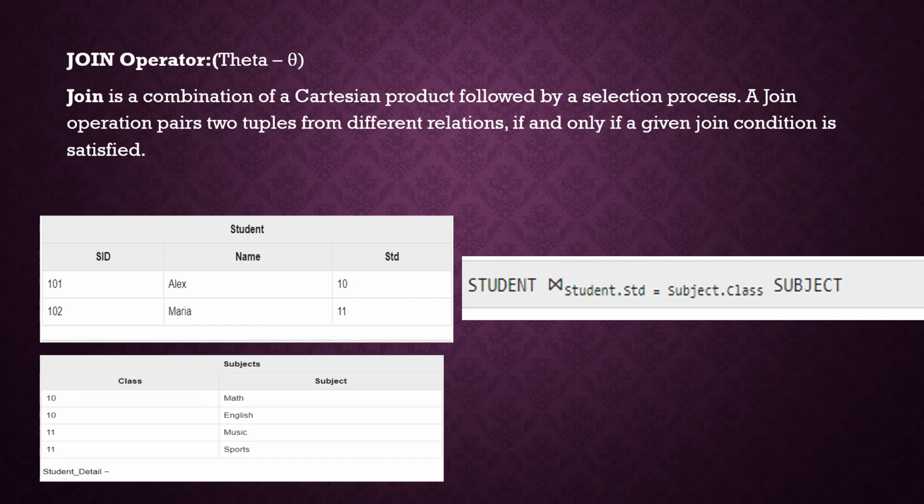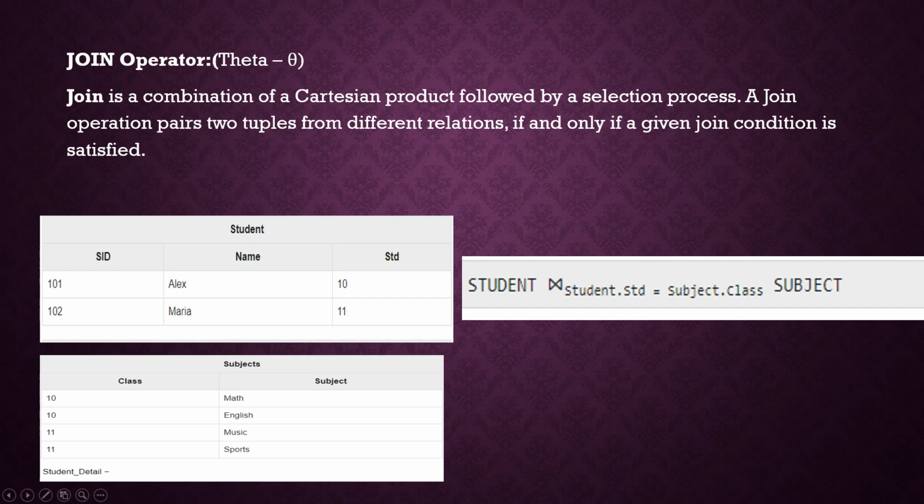See, in the below diagram, two tables are there, student and subject. Under student, the attributes are student ID, student name, and standard, given as STD 10 and 11. The second one is subject.